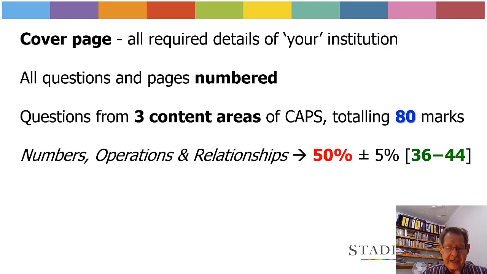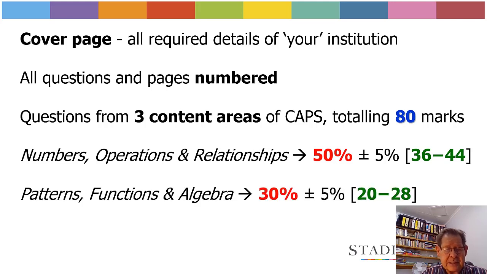The questions should be forthcoming from three content areas. The first one is numbers, operations, and relationships. That is worth between 45 and 55%, about 36 to 44 marks.